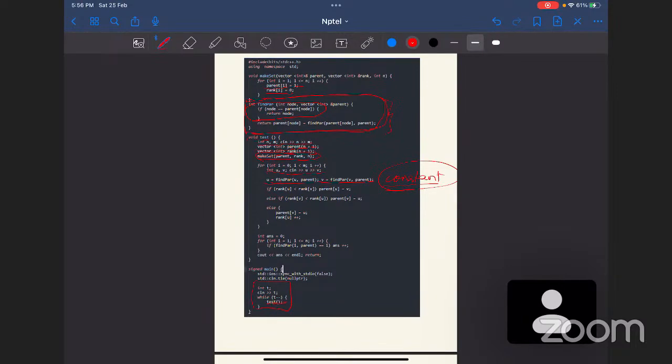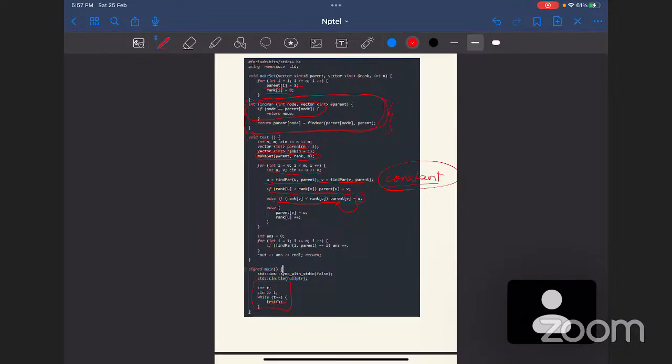Now, if rank of u is less than rank of v, we assign the parent of u as v, and if rank of v is less than rank of u, then we assign u as the parent of v.